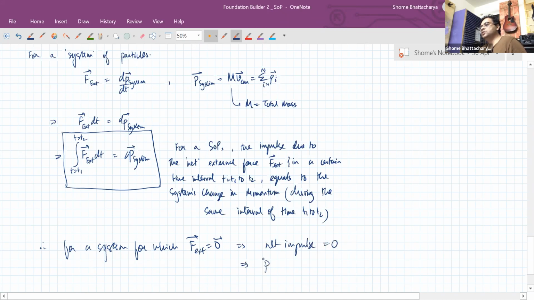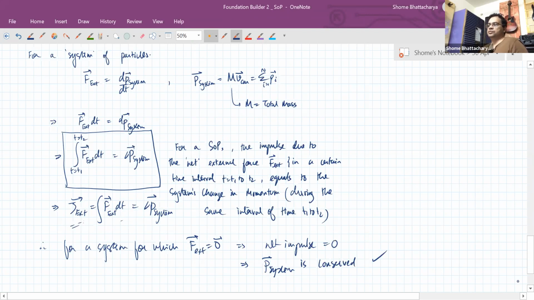That means the momentum of the system is conserved. Something that we know already, but that is now coming in the language of, because this is basically the net external impulse. That is equal to integration of the net external force into time, which is the change in momentum for the system. So if this is 0, because the net external force is 0, then the momentum is conserved.